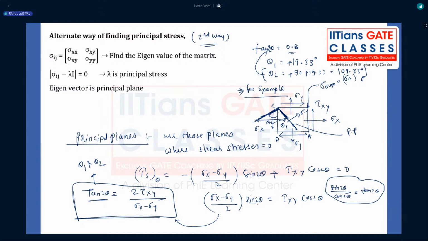Check it out. If you solve this one, will you be getting two values of theta or one value of theta? You will be getting, suppose, tan theta as 0.8. For example, 180 plus theta, what is the value?